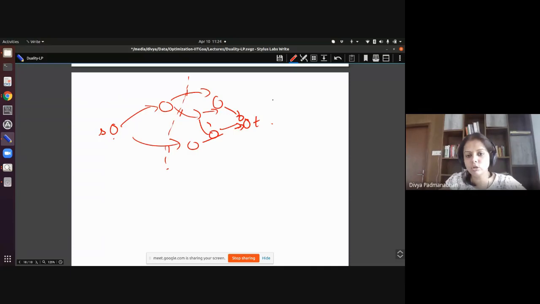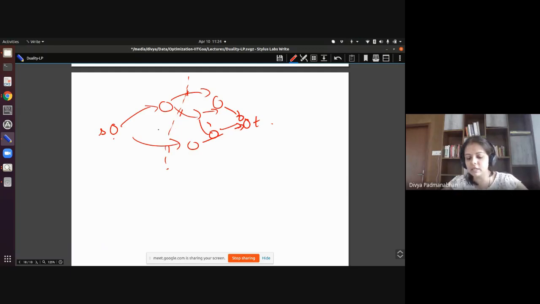You remove these edges so that there's no connection between S and T. So the min cut problem is to find the cut of the least capacity.